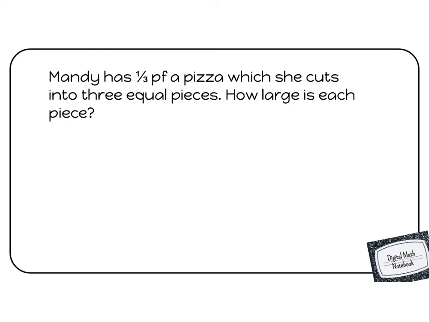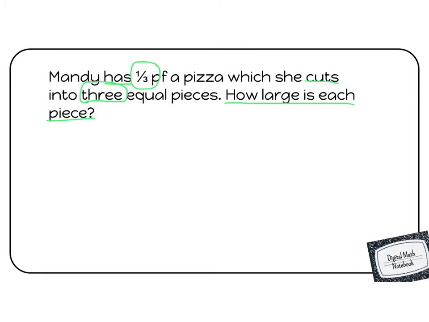So let's go back and read. Mandy has, that's what she's starting with, 1/3 of a pizza. She cuts it into 3, there's another number, it's in a word, but it's a number, 3 equal pieces. How large, here's our question, how large is each piece?